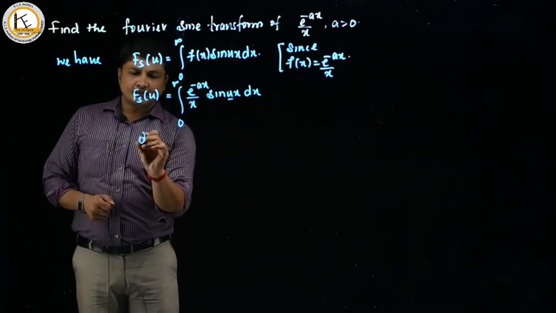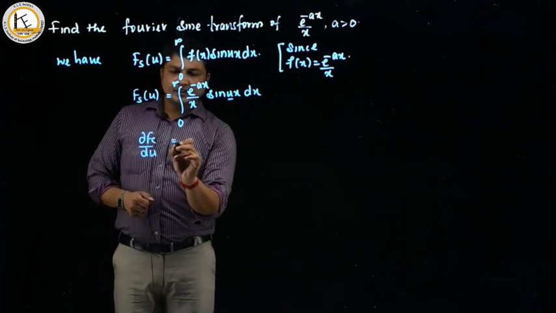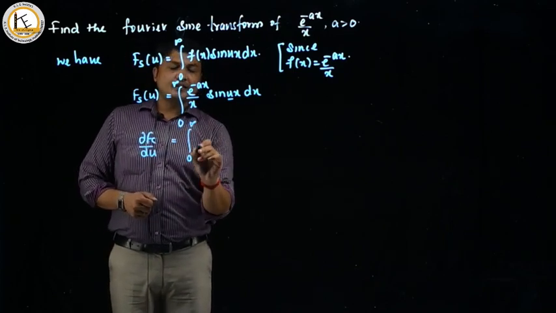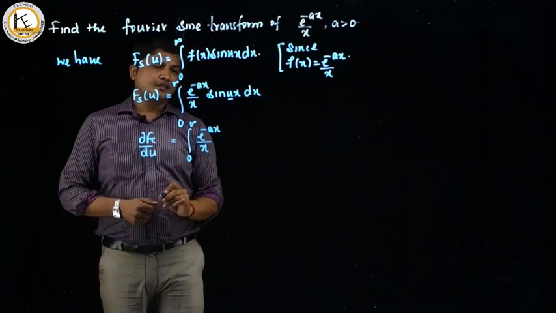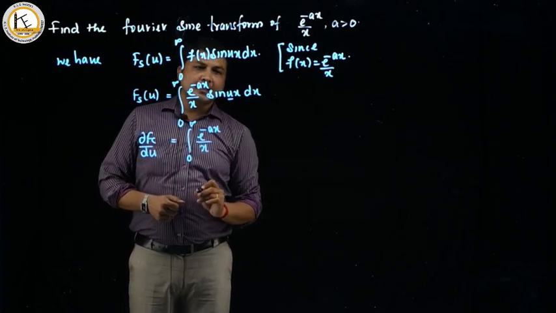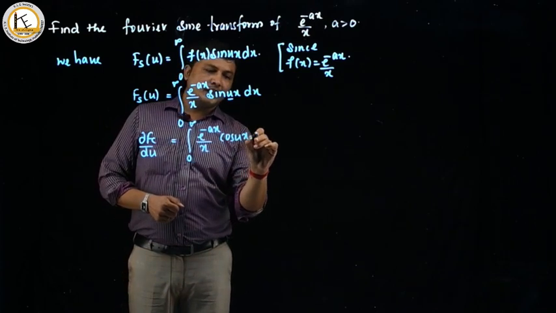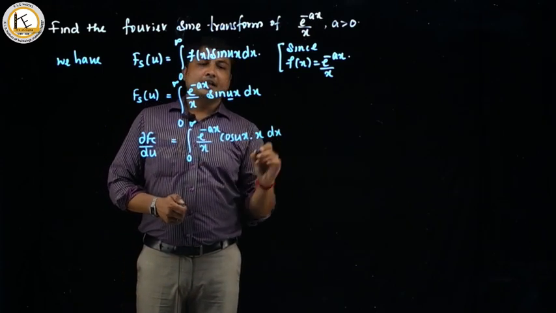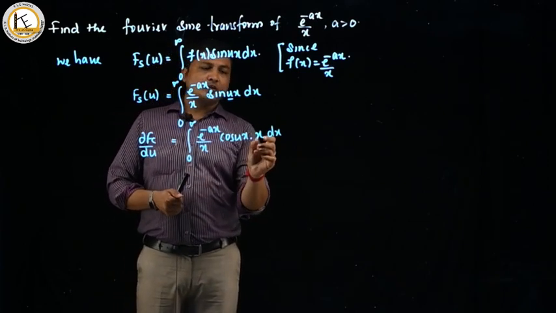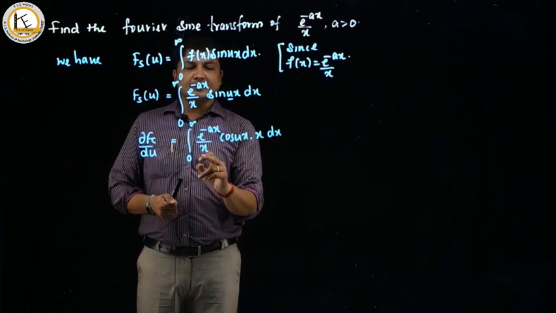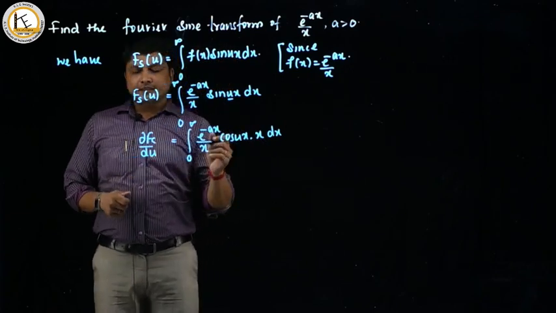We have dFs by du equal to the integral from 0 to infinity of e raised to minus ax divided by x, and the derivative of sin ux with respect to u is cos ux into x. So differentiating under the integral sign gives us one extra x, so that we can cancel both the x's, and the integral easily reduces into the standard form.